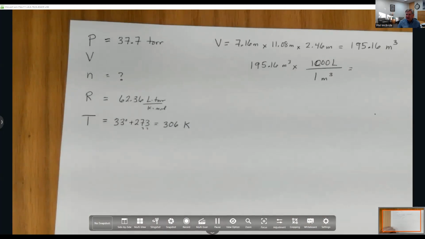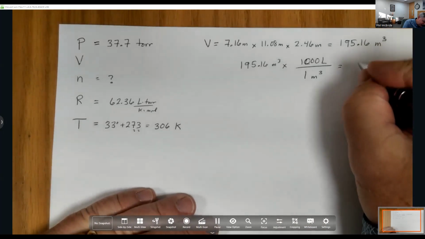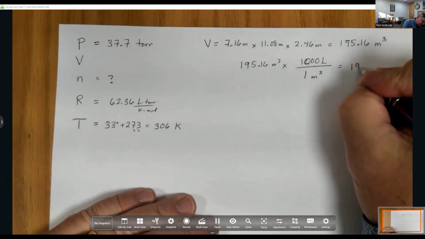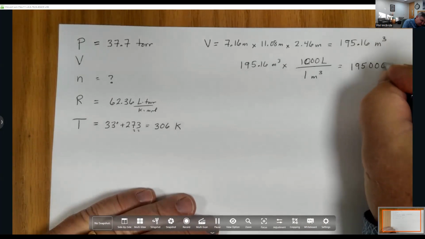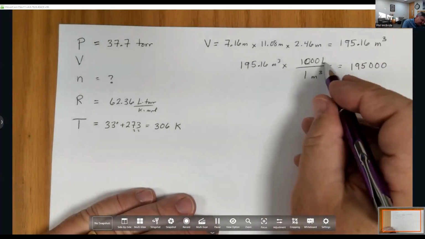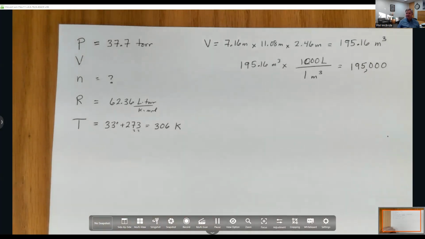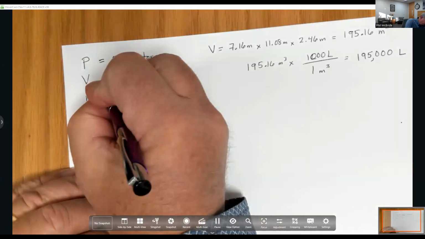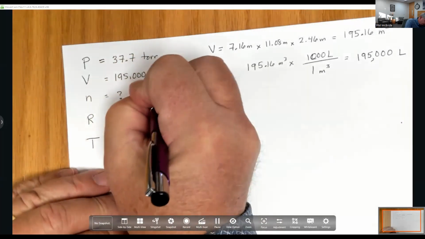So how many liters would I have? About 195,000, if I round to 3 significant digits, liters. So my volume is 195,000 liters.